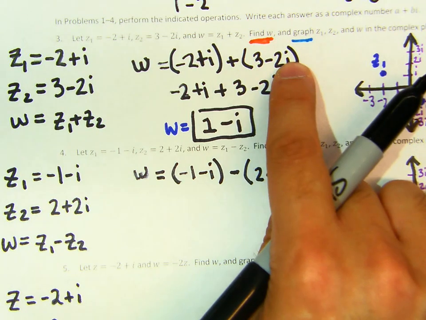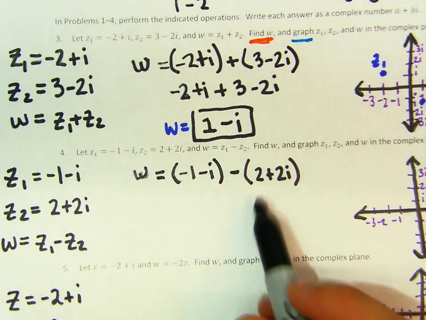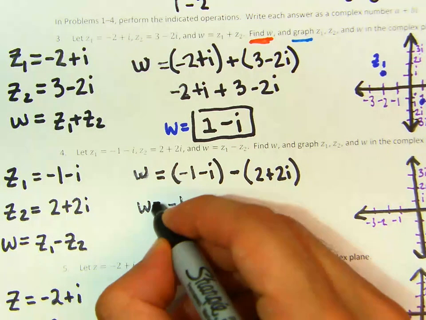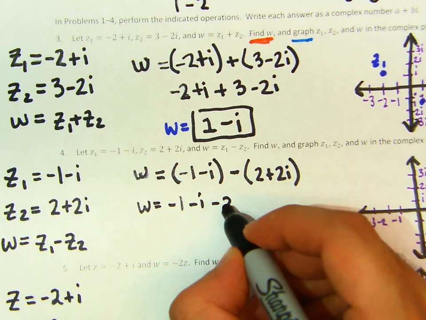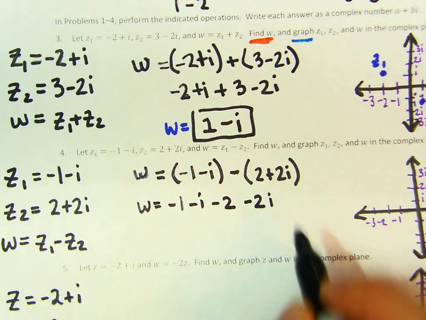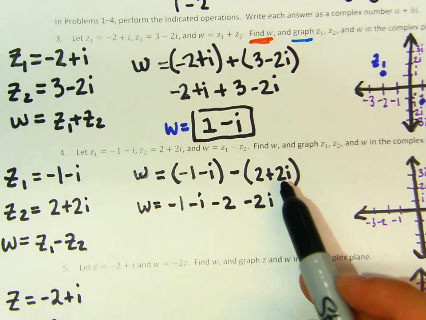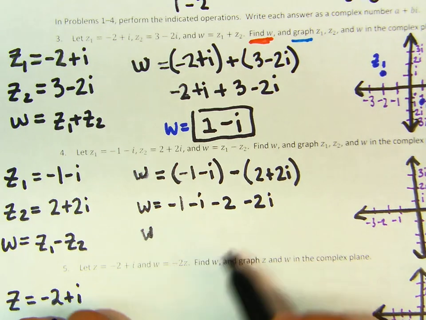Positive 1 times negative 2i is negative 2i. So you see everything stays the same here. But when you have subtraction here, the signs will change. So you see this negative 1 minus i stays the same. This becomes negative 2 minus 2i. See, you're doing negative times the positive, negative times the positive. Now we just combine like terms. So I'll just speed this up a little bit.